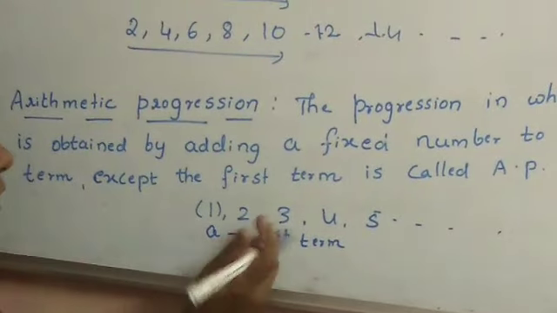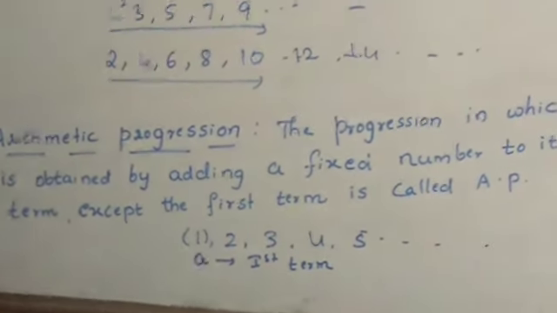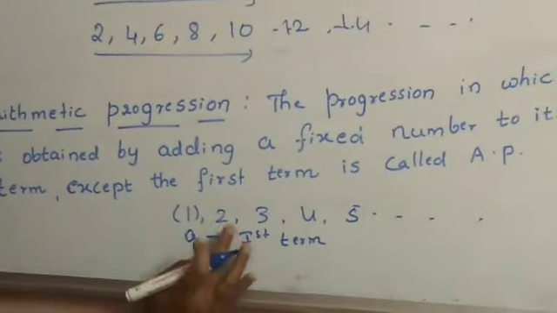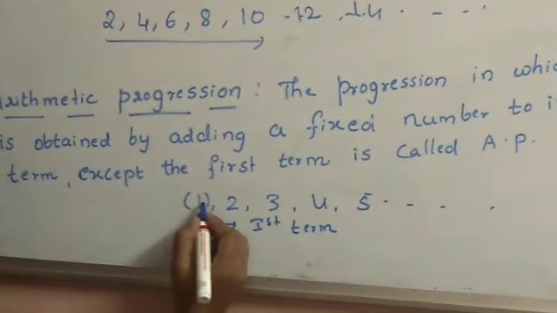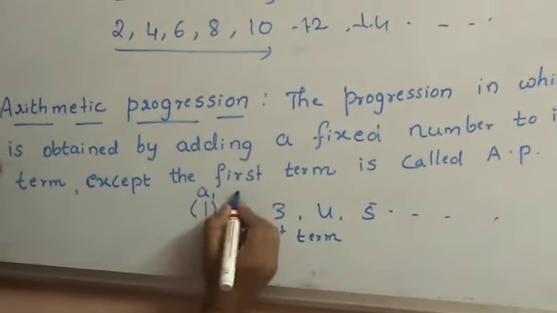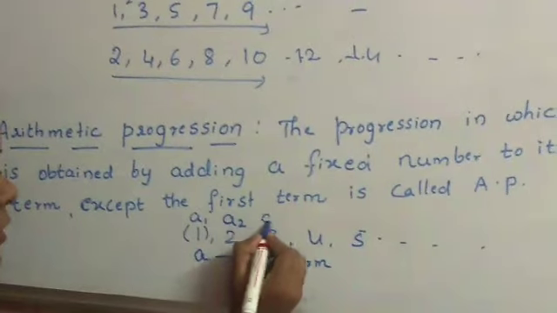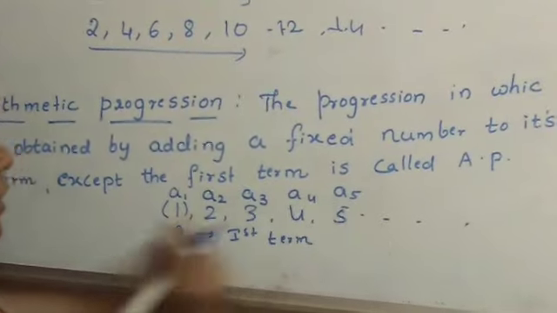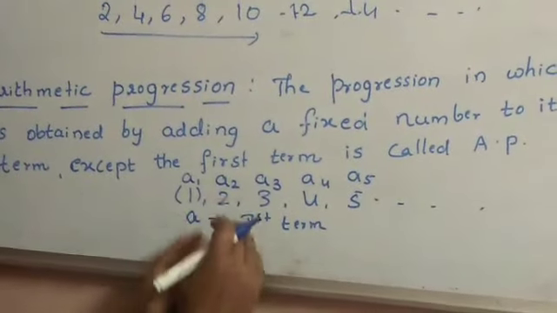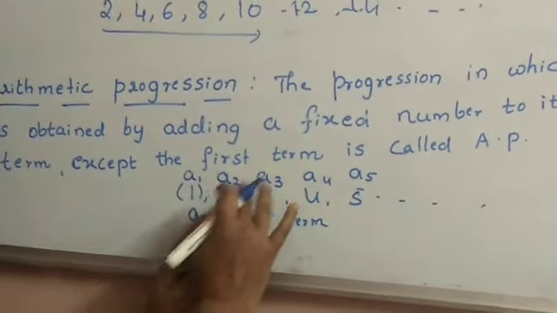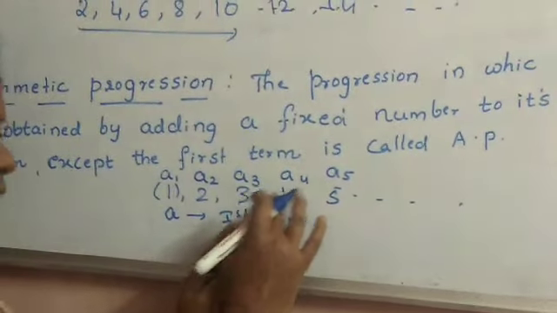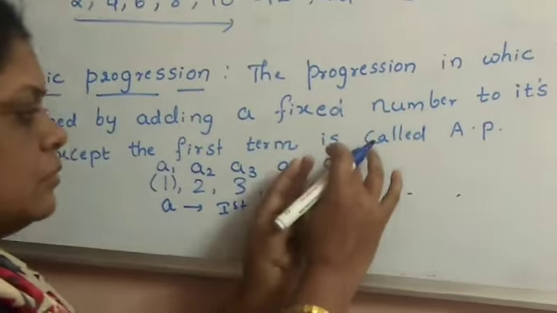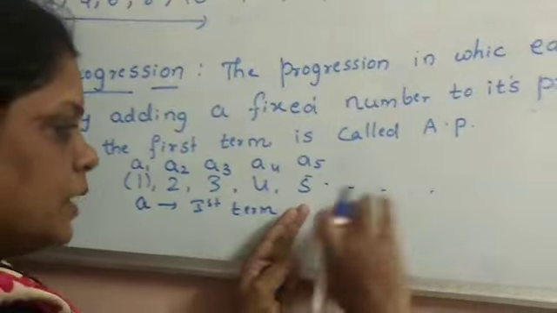Then how will we find the common difference between the numbers? This will commonly become A1. This is A2, A3, A4, A5, meaning the terms are indicated like this. A2 means the second term. A3 means the third term. A4 means the fourth term. A5 means the fifth term, like that.